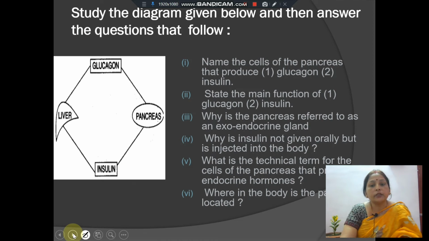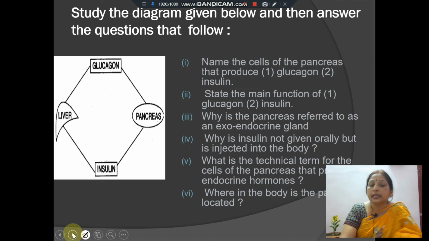State the main function of glucagon and insulin. Glucagon helps in conversion of glycogen to glucose, while insulin controls the level of glucose in the body by converting glucose into glycogen.